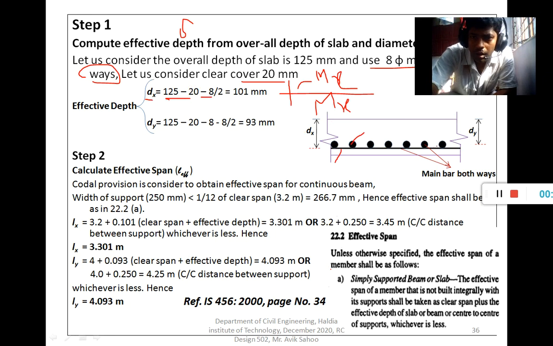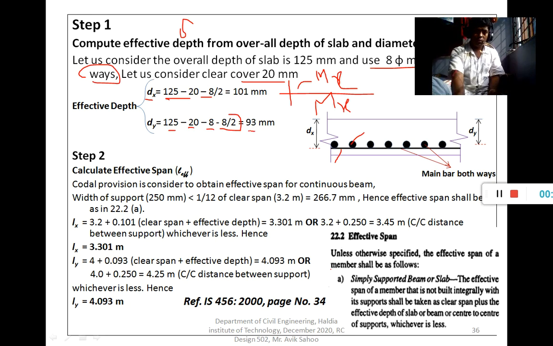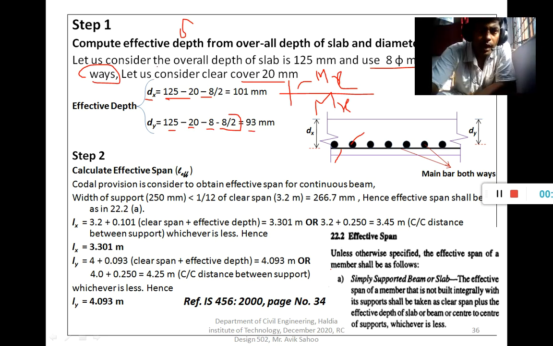So 125 is the overall depth minus clear cover minus diameter of shorter direction bar, then half of longer direction bar, so we get 93 mm. So we are getting two effective depths which are used to compute moment along shorter direction and along longer direction.